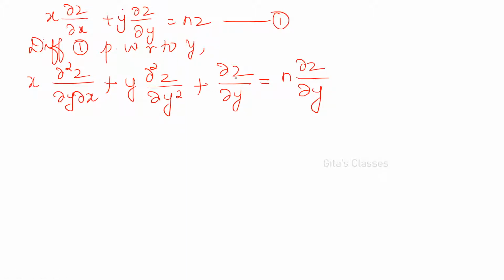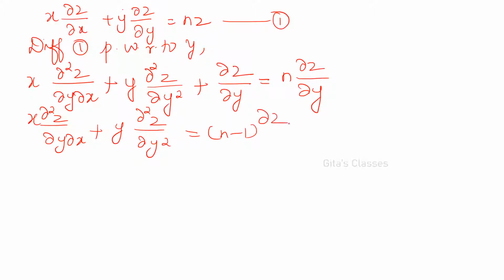Now ∂z/∂y, you bring it to the right hand side. So x into ∂²z/∂y∂x plus y into ∂²z/∂y² is equal to (n minus 1) into ∂z/∂y. ∂z/∂y is common, I am taking it outside. Now I want y squared into ∂²z/∂y², right?